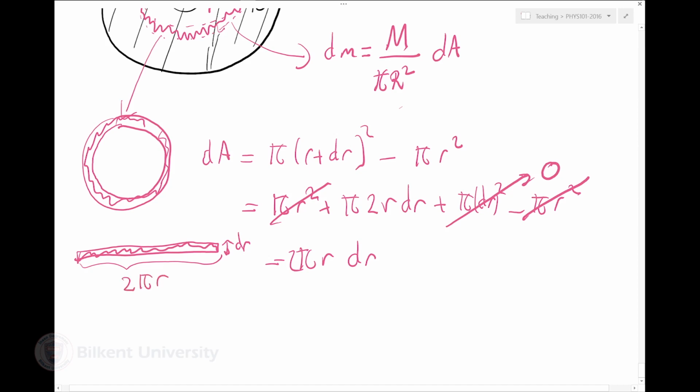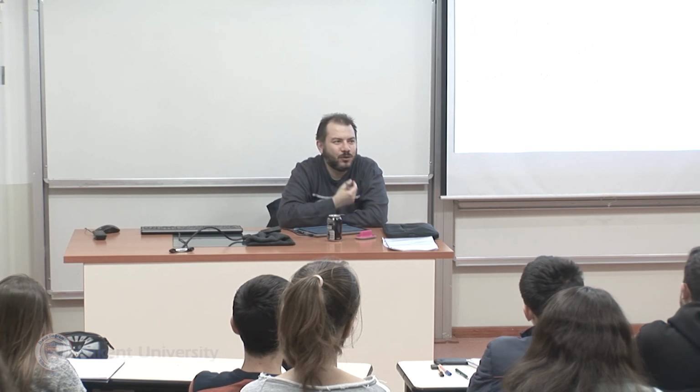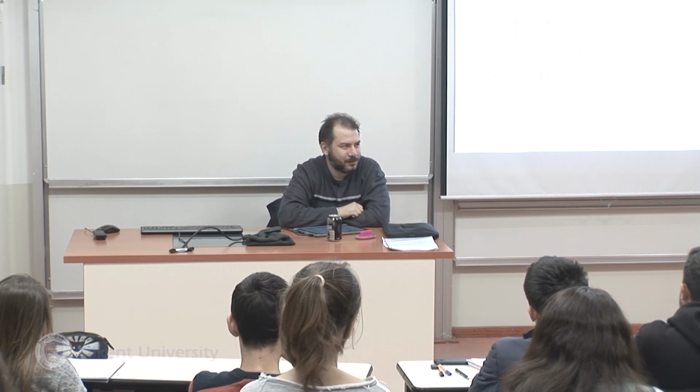And if I multiply 2 pi r by dr, I actually find the same area. If you go ahead and learn some differential geometry in the future, you'll find out when you can take curved objects and flatten them, and when you cannot. In this case, we can do it. For differential objects, the curvature is not going to matter to us. All right?